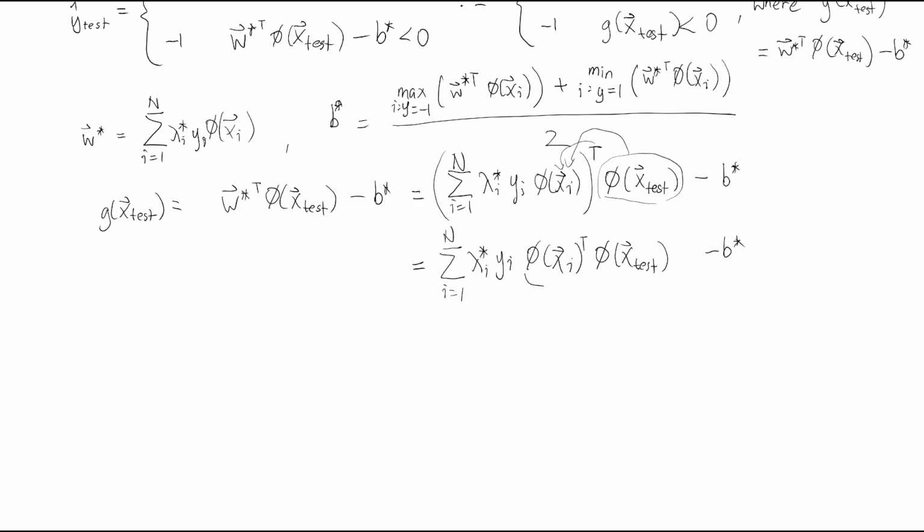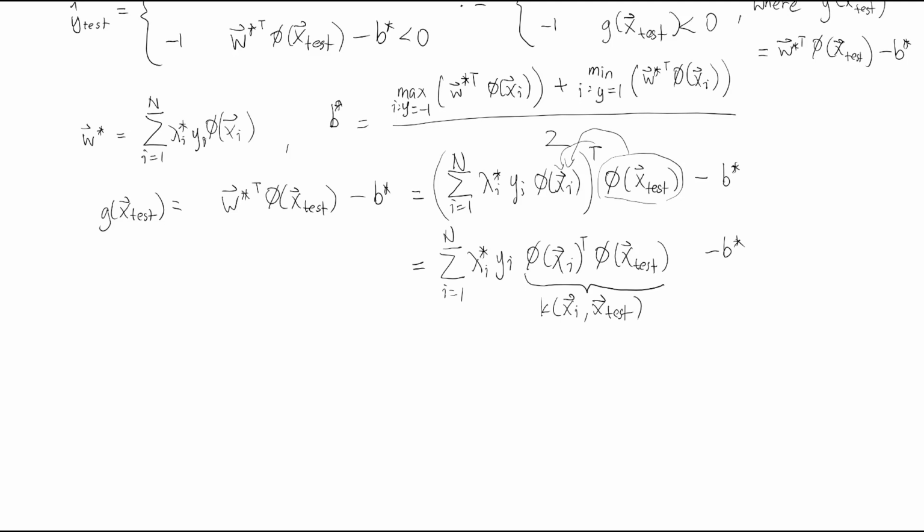And now we can replace this with k of xi comma x test. So at least for the part with W star, we don't ever need to explicitly compute or evaluate phi. We can always simply evaluate the kernel.